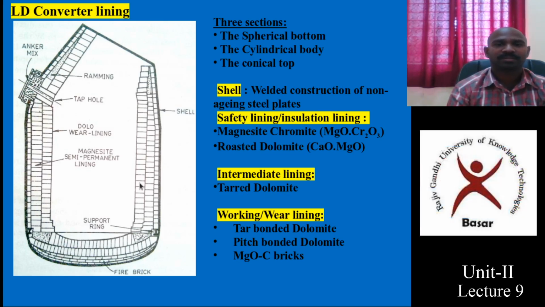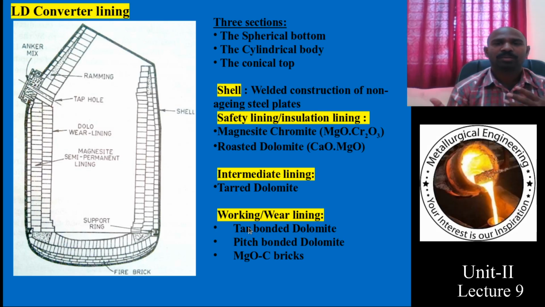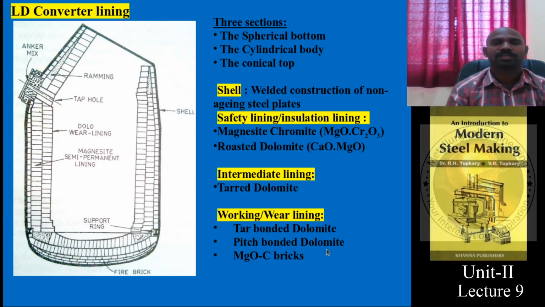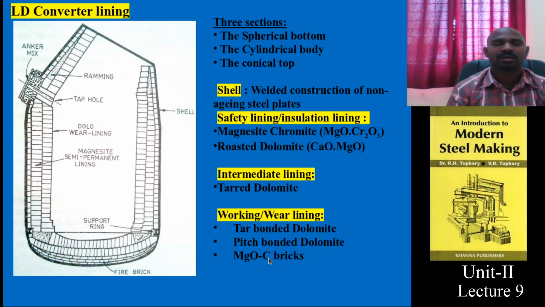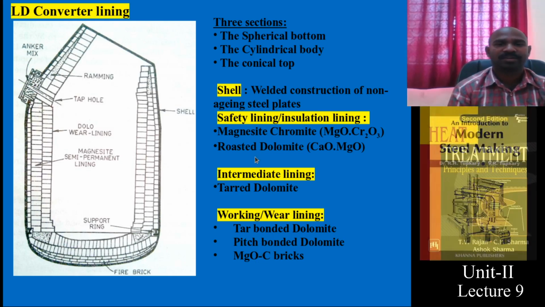This is the working lining, which comes in contact with molten steel. So it should be a combination of tar bonded with dolomite, or pitch bonded with dolomite, or magnesium oxide carbon bricks. Either of these can be used. These are in practice for lining.